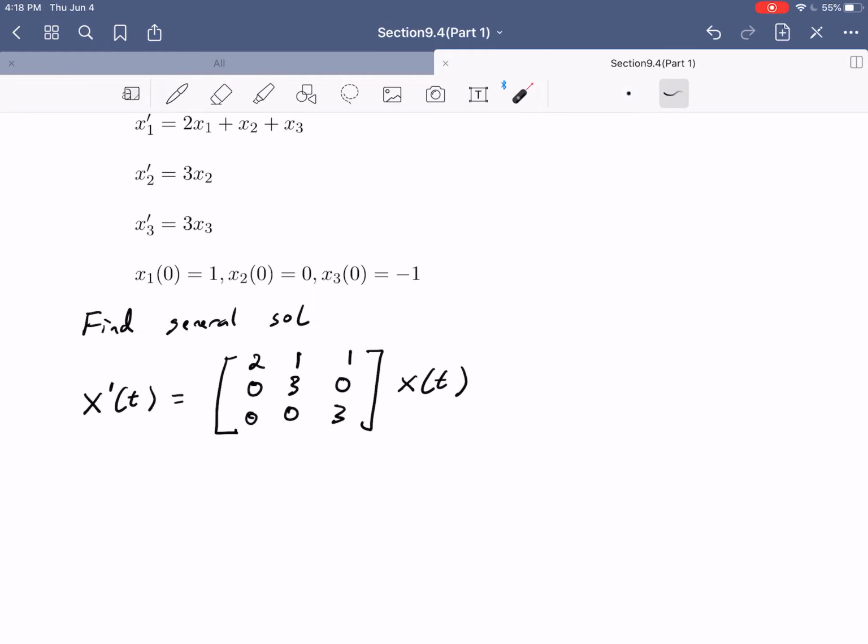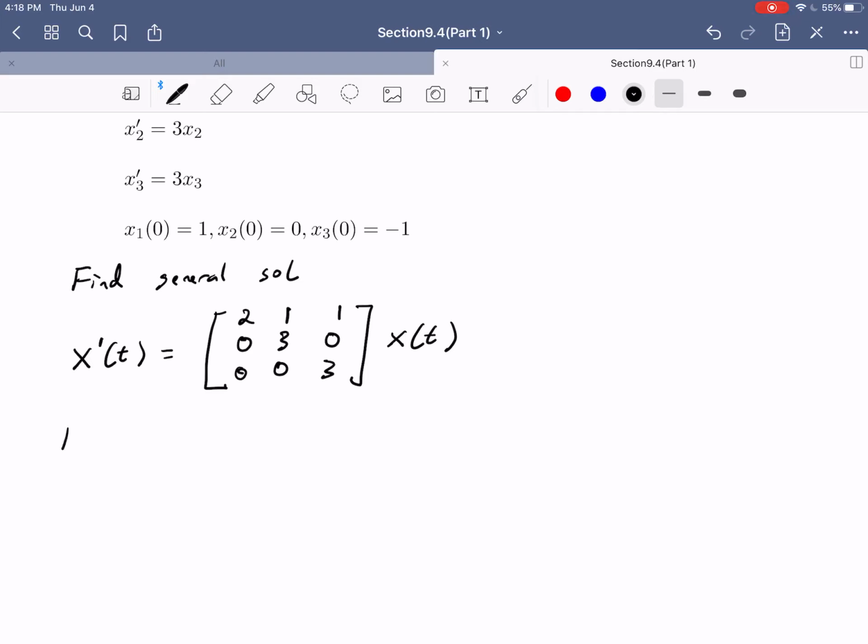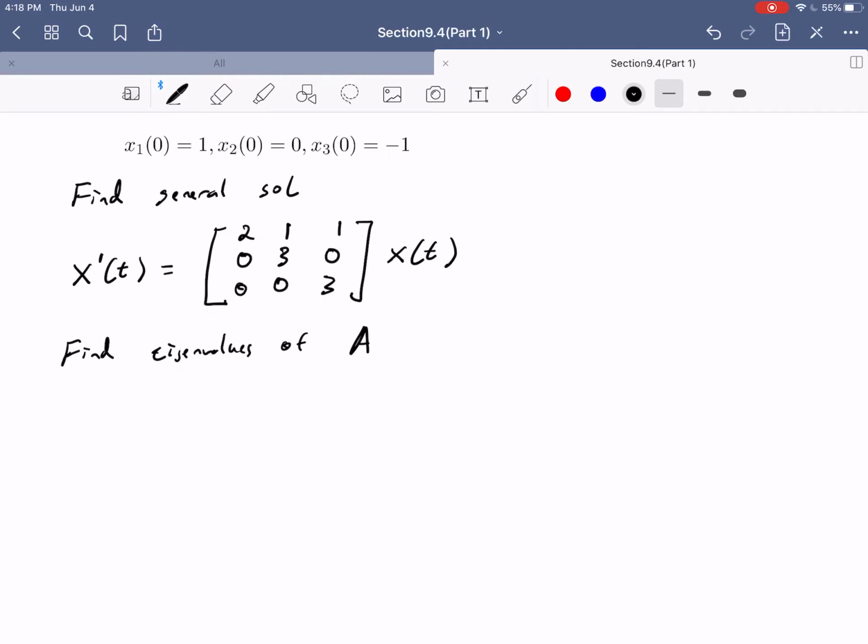Okay. Now that we know what the constant coefficient matrix looks like, we now need to find the eigenvalues of A. So we'll take the determinant of A minus lambda I, so 2 minus lambda, 1, 1, 0, 3 minus lambda, 0, and 0, 0, 3 minus lambda.